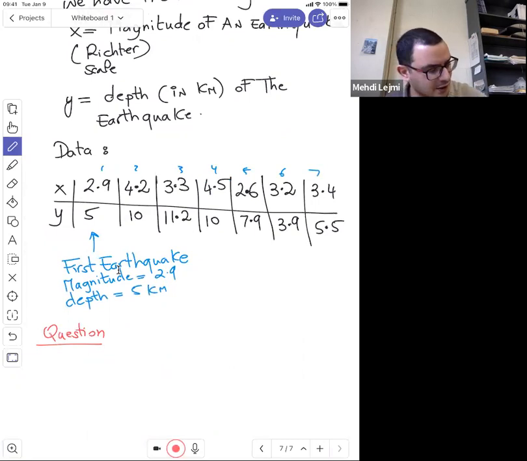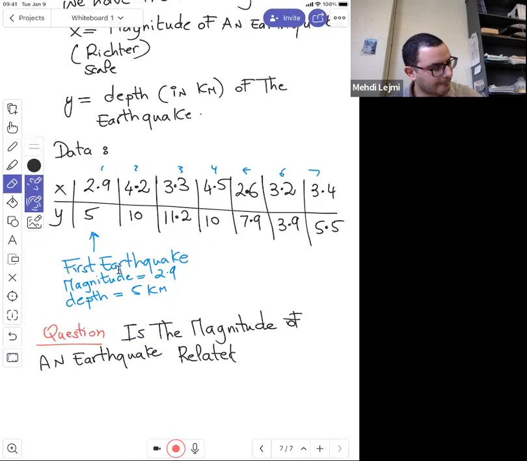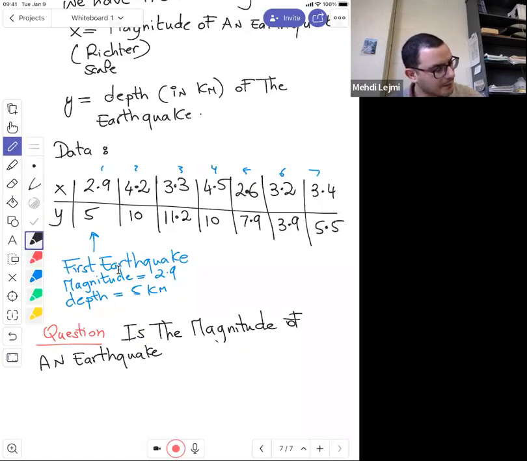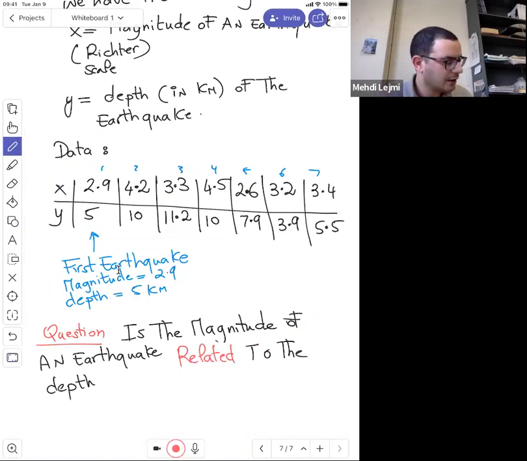So the question we're going to try to answer is: is the magnitude of an earthquake related to the depth below the surface at which the earthquake occurs?